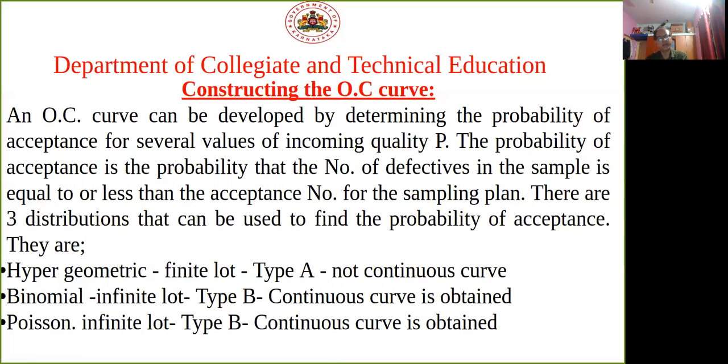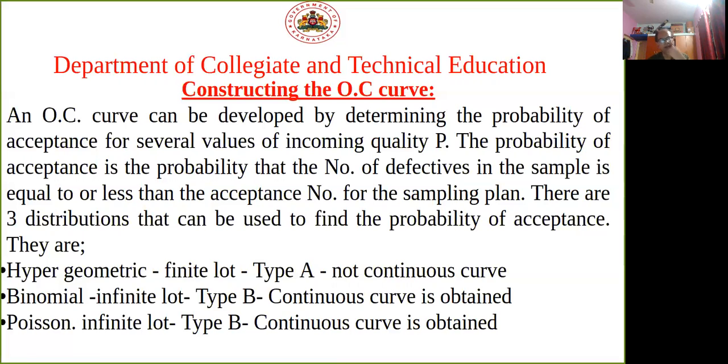Basically, we can construct the operating characteristics curve by means of three distributions. The first is the hypergeometric distribution. With its help, we can construct the OC curve. We can also construct the OC curve by means of the binomial distribution, and by means of the Poisson's distribution.